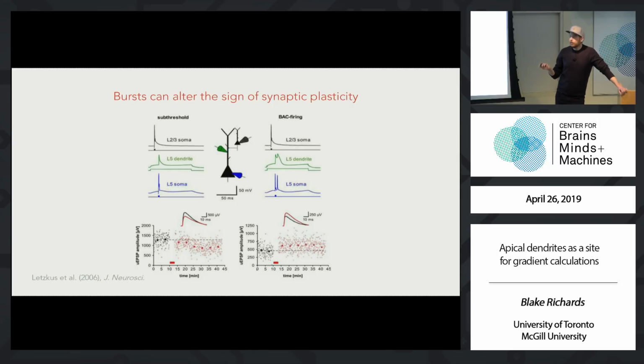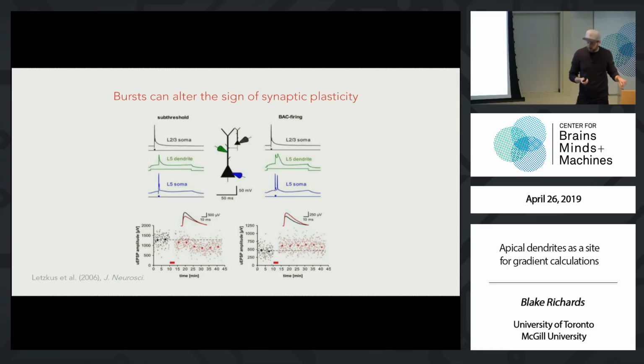Whereas if he triggered a presynaptic input and then got a nonlinear response, courtesy of some additional dendritic input, and triggered a burst, he would get long-term potentiation. So he could control the sign of plasticity of the synapses by whether or not there was a burst present.